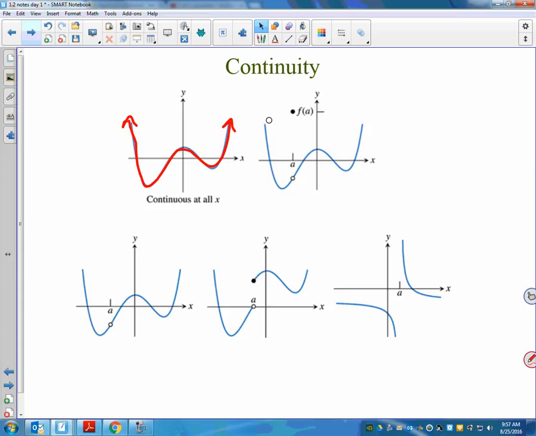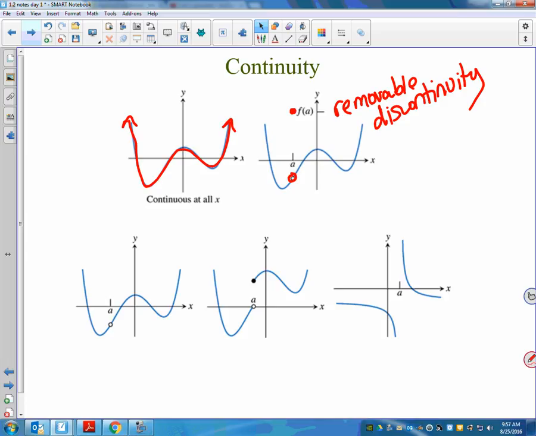So this one has a little hole in the graph. Did you talk about holes in the graph last year? This one has a hole in the graph, but then that hole's filled in up here. We call this a removable discontinuity. And the definition of a removable discontinuity is the discontinuity can be filled in with 1 point.